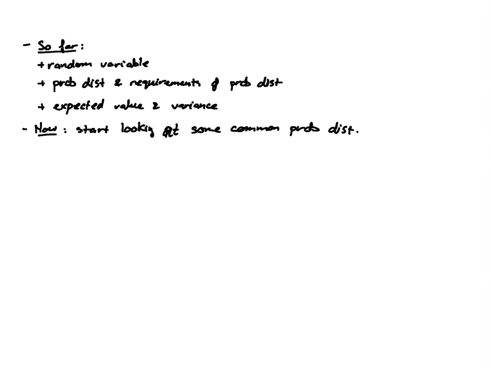Now, the first one that we will look at is what's known as the binomial probability distribution. The binomial probability distribution is associated with the binomial experiment. So let's talk about that first.